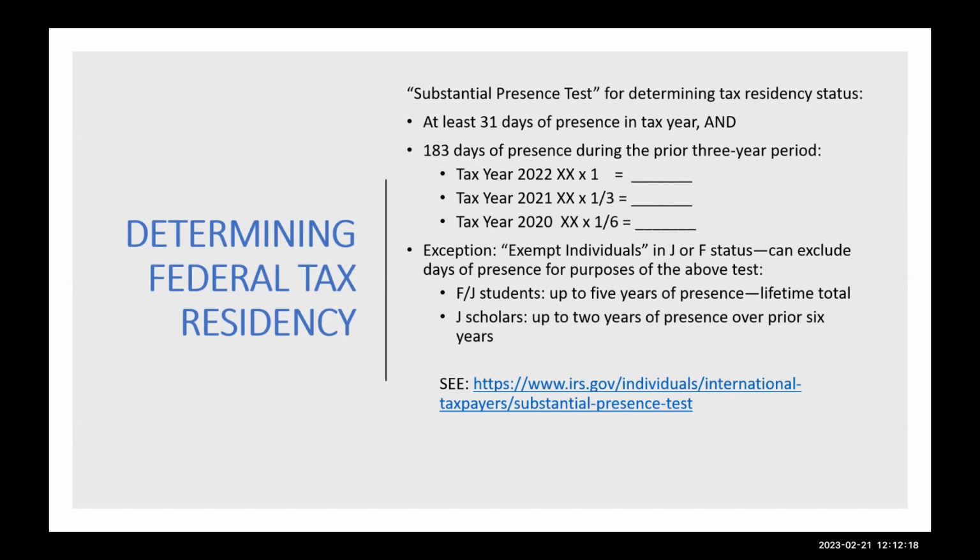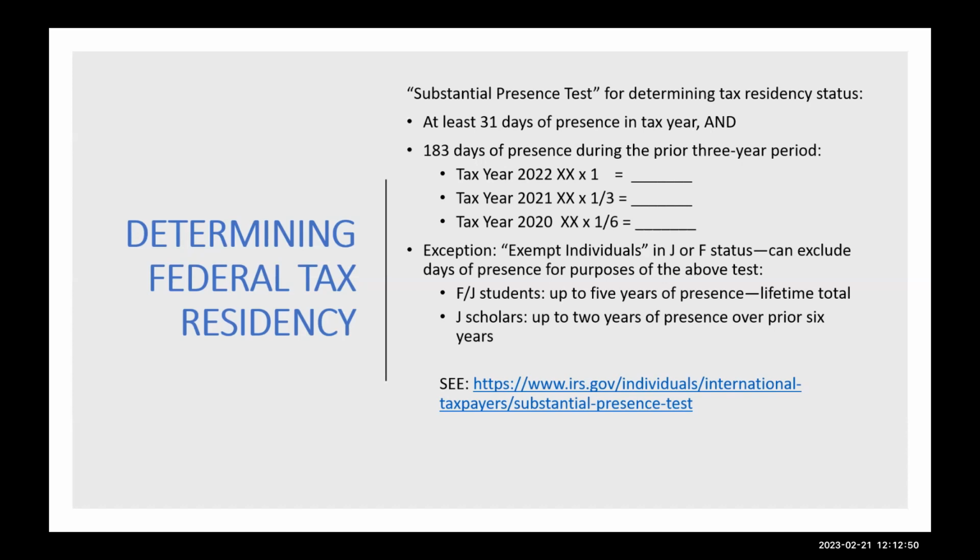So the substantial presence test basically asks to see if you've been in the US in 2022 for at least 31 days, and also that in the past 3 years you have at least 183 days of presence, for which they look at the total number of days in 2022 and count them wholly. Then they look at the previous year, 2021, and only count a third of those days.